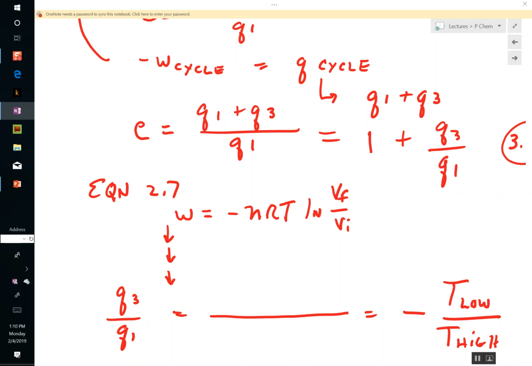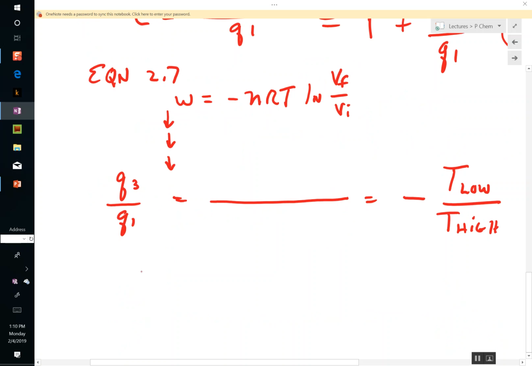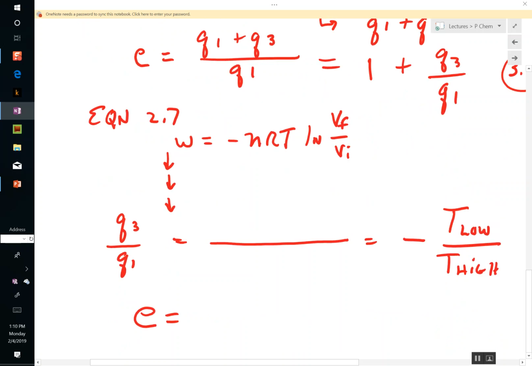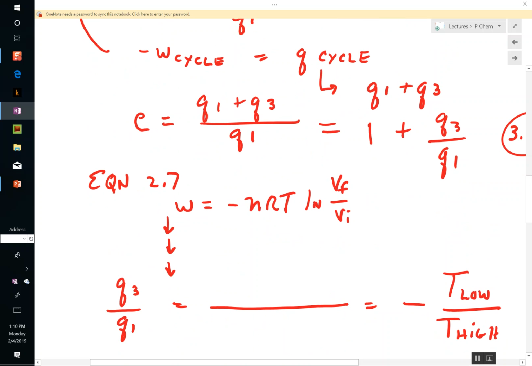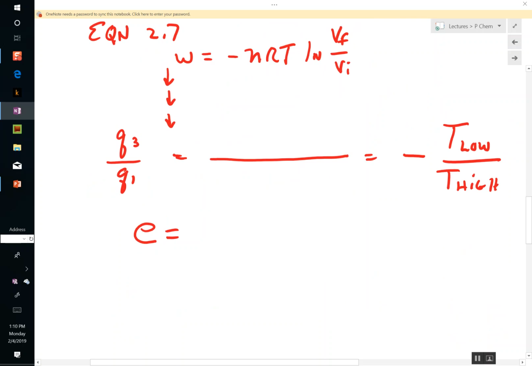So that equals that. Substituting that into the equation up here, we get another very important equation for efficiency.